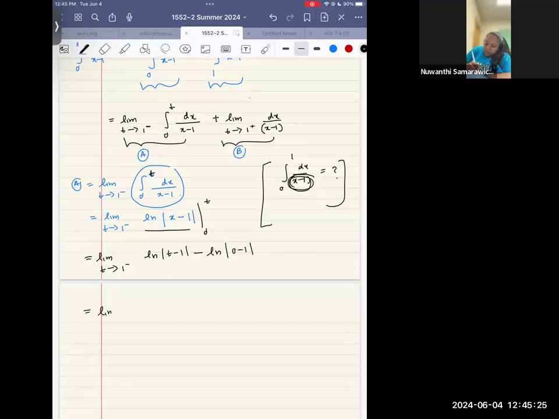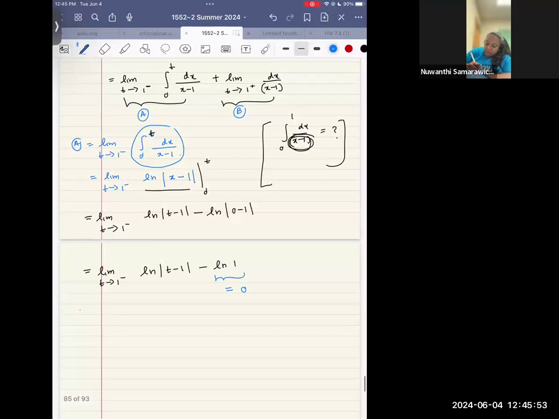The absolute value of negative 1 is just 1. So ln 1, what is the value of ln 1? It is just equal to 0, right?